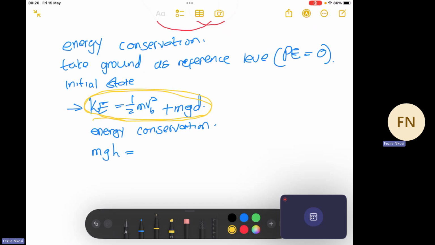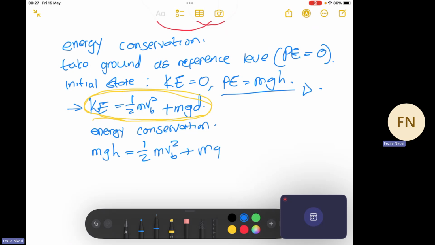The initial is going to be KE, because it starts not moving, so kinetic energy is 0, and then PE is mgh, where it's at maximum. Correct. So now conservation: initial is equal to final, mgh equals half m v squared b plus mgd.